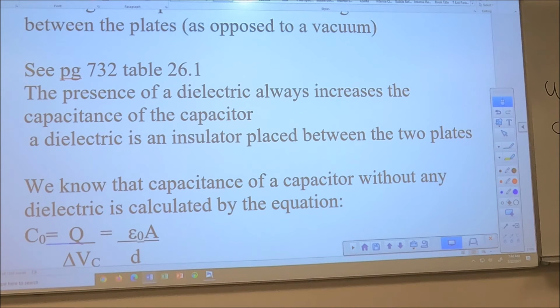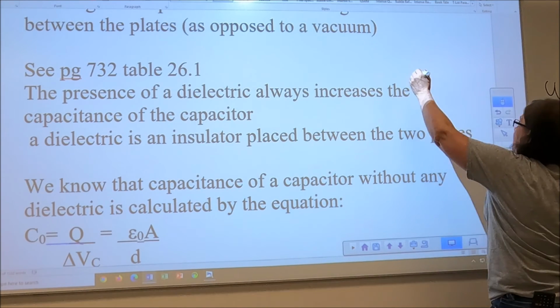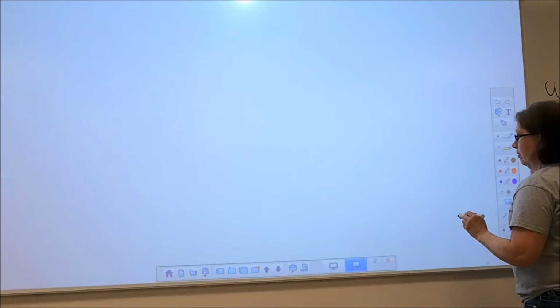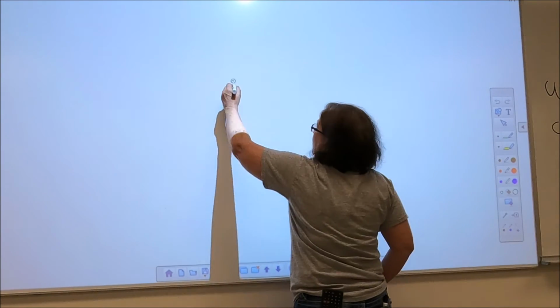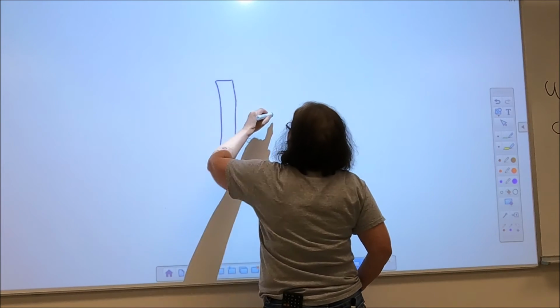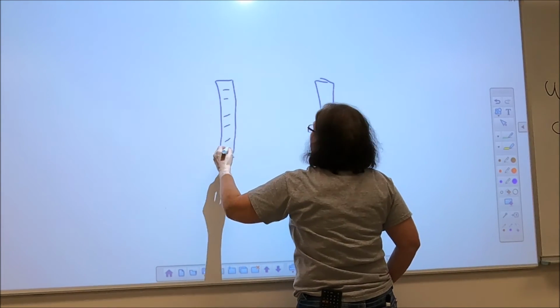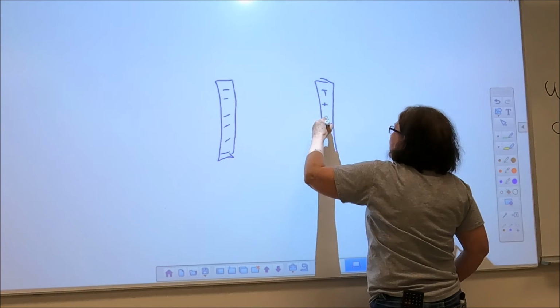All right? And when an insulator is put between the plates of a parallel plate capacitor, it will polarize. So, let's see. So if here's the plate of a parallel plate capacitor. So this is negatively charged. This is positively charged.